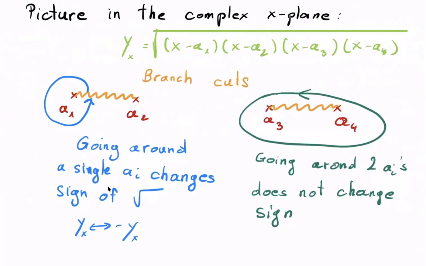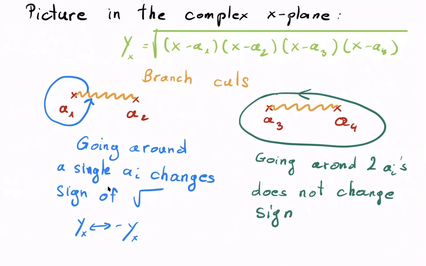Clearly, if I go around 2 of the branch points at the same time, I don't change sign, because now both the contribution from x minus a3 and x minus a4 would change sign, for example here for the green curve. So if I go around the green loop, I don't change sign. So that's the meaning of my branch cut.